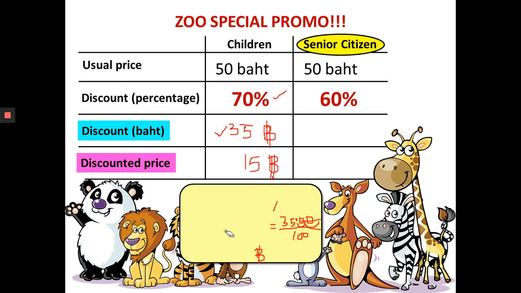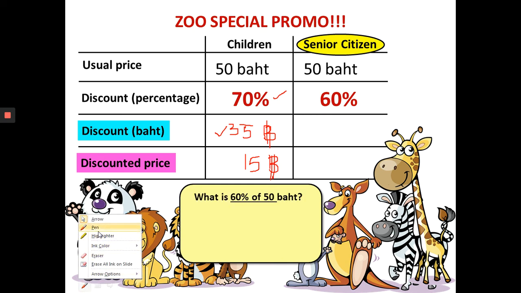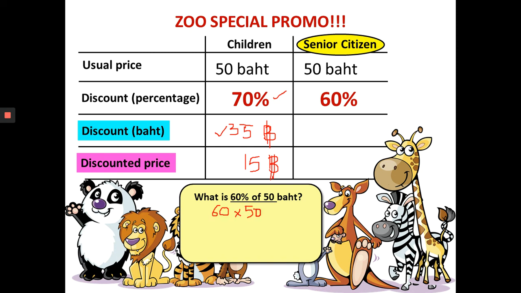So for senior citizen, let's find out the 60% of 50. So to do that, 60 times 50 divided by 100. So 60 times 50 is, remove the two zeros, copy that on the answer.